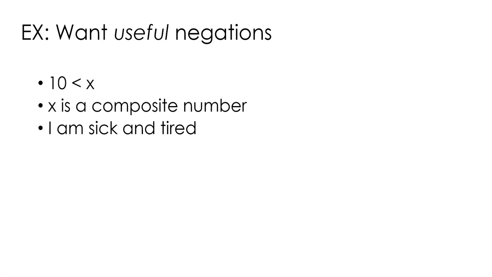So the negation for this would be, I am not sick. Sorry, I don't know the opposite of sick. I am not sick, or I am not tired. The negation of an and is an or. And similarly, the negation of an or is going to be an and. We'll formalize that on another slide, but right now, you want to take this and that, negated, becomes not this or not that.